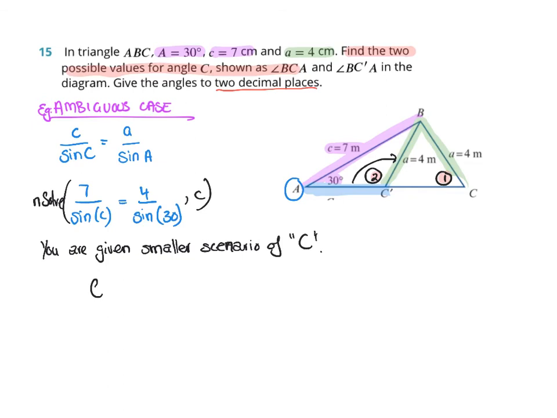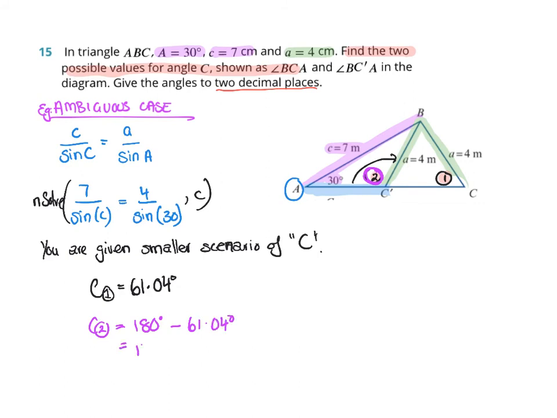So scenario 1, I get C to equal 61.04 degrees. To get the C2, the second scenario, which is over here, you need to do 180 minus your first scenario degrees, and that will give you the other option.